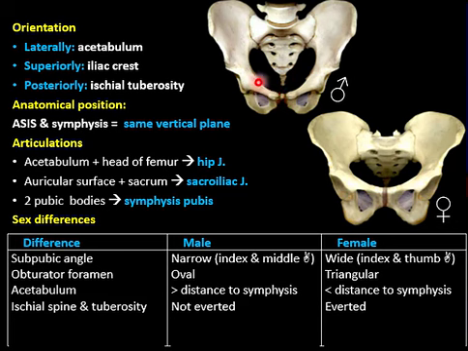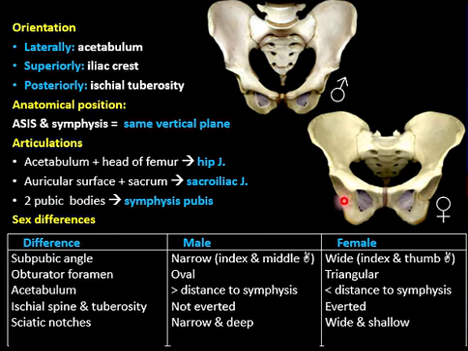Now, the ischial spine and ischial tuberosity in the male are not everted. They are pushed inwards, but in the female, they are everted outwards to widen the pelvis.